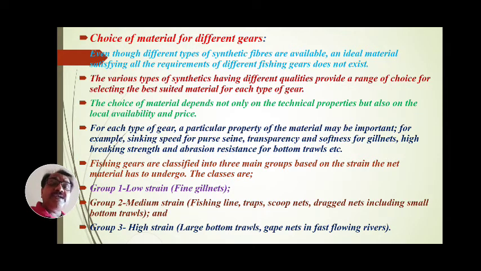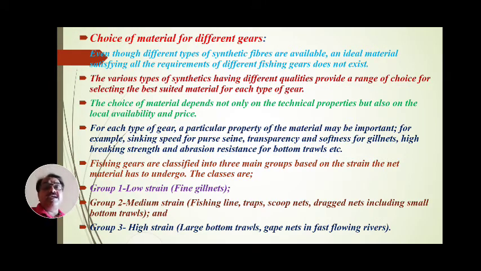Second, medium strain materials, those materials which have medium strength, are used in fishing line, trap nets, scoop nets, drag nets, including small bottom trawl nets, in which medium size, medium strain type of material is used, their power is medium, not high, not low.